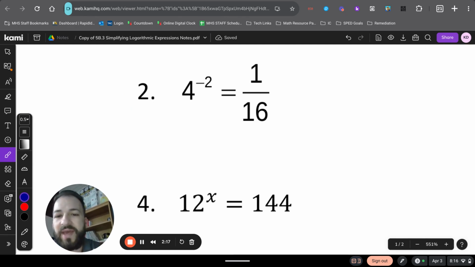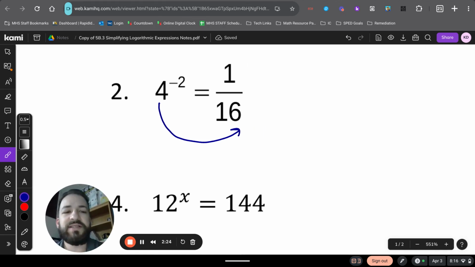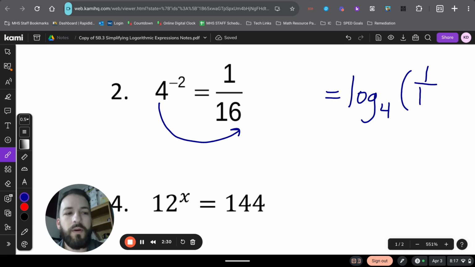I'm going to take my base and swing it over to become the base of a logarithm on the other side of our equation. So this is going to become equal to log base 4 of 1 over 16. And then over on the side that I just moved my base from, my exponent is going to fall down and just become a normal number, negative 2.